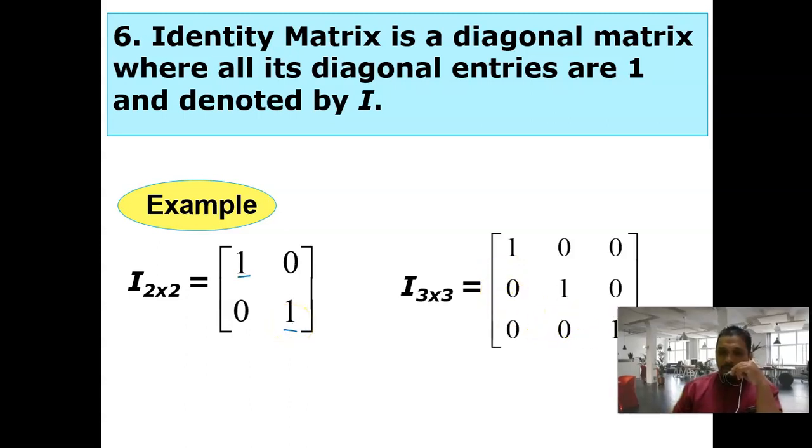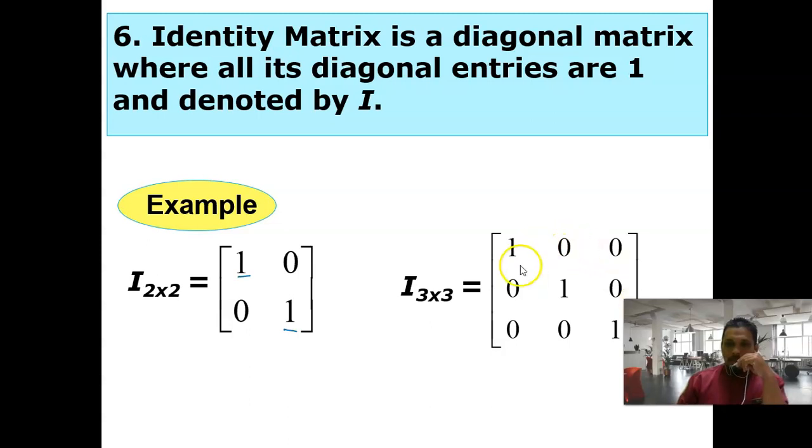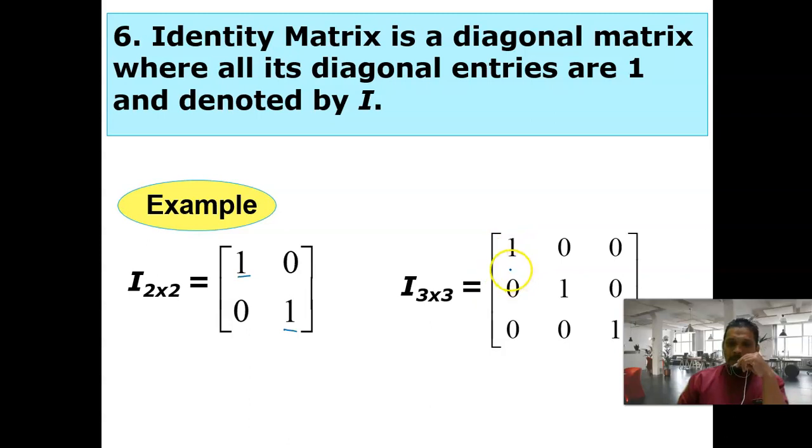And also here, there is a lower triangle with zeros and an upper triangle with all zeros, and the diagonal has entries 1, 1, and 1.